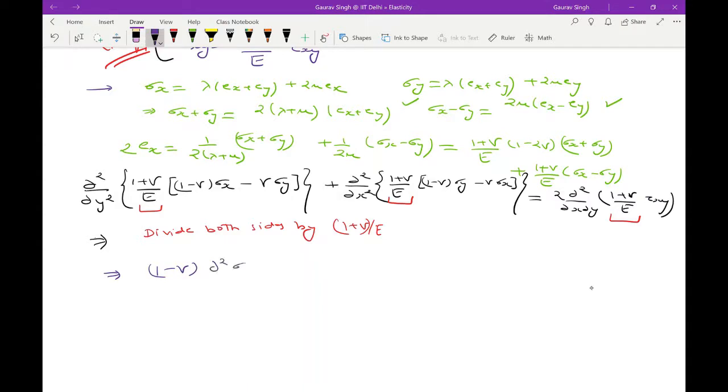(1 minus nu) ∂²sigma x/∂y² minus nu ∂²sigma y/∂y² plus (1 minus nu) ∂²sigma y/∂x² minus nu ∂²sigma x/∂x².